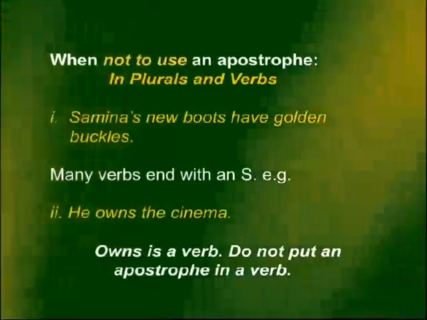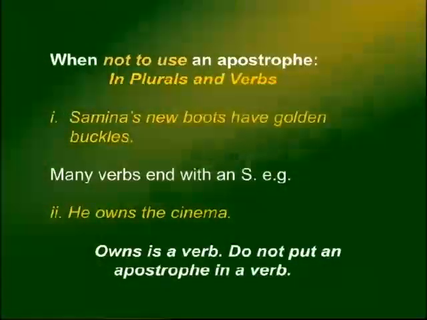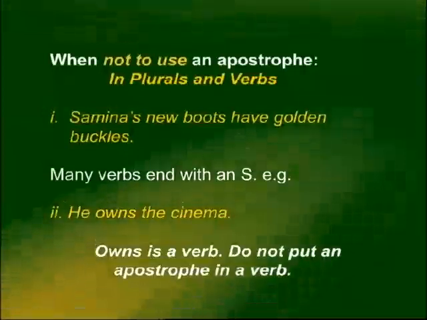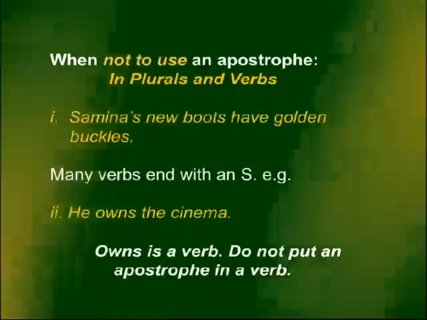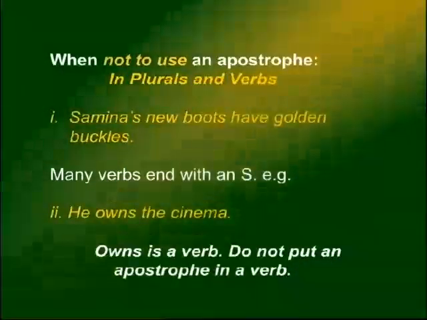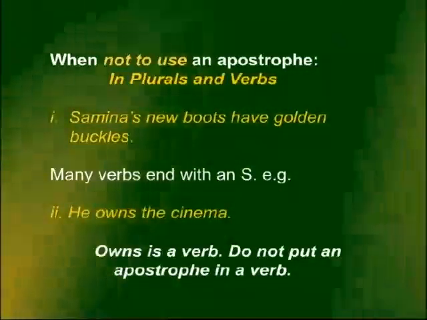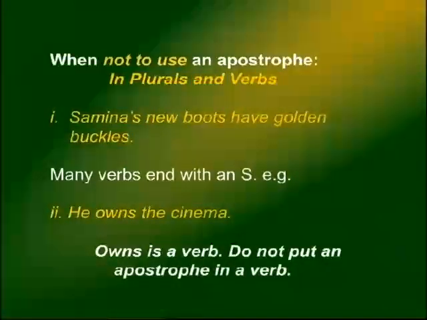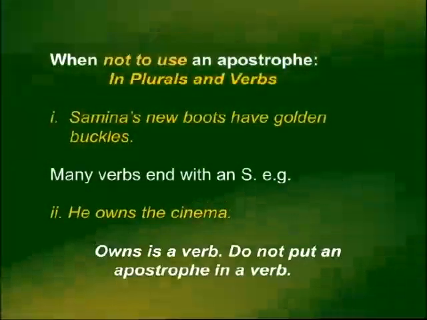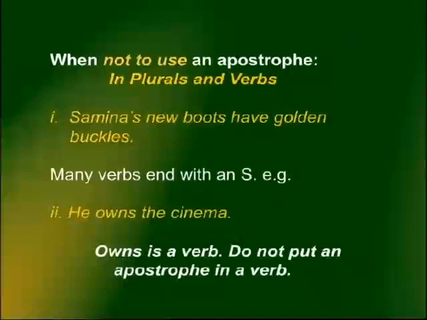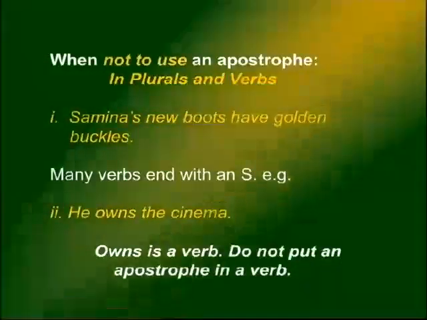Look at the following sentence to see which words are plural and which are possessive. Samina's new boots have golden buckles. Boots and buckles are plural. That is more than one boot.